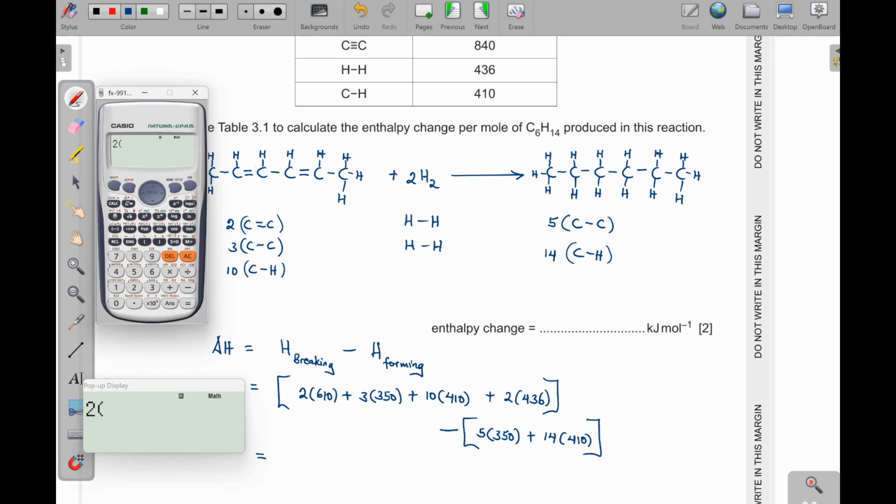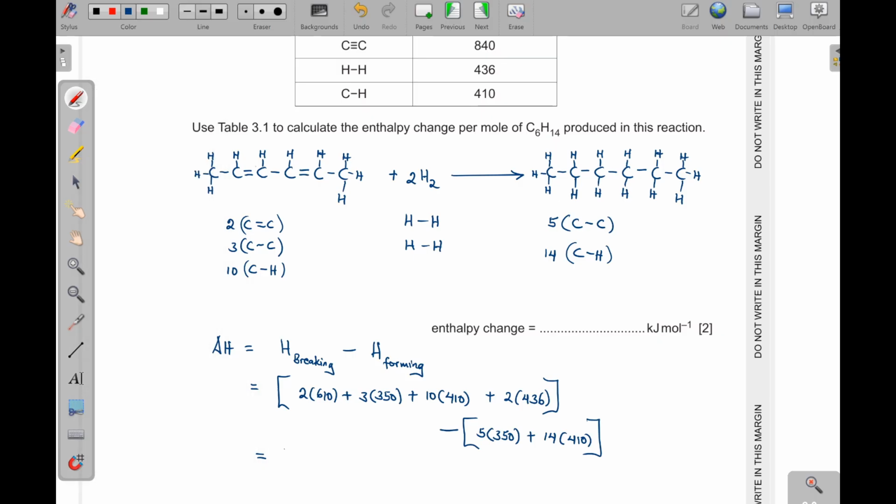2 into 610. Then plus 3 into 350. Then plus, of course, 10 times 410, that will be 4100. Then plus 2 into 436. Then altogether we get 7242.